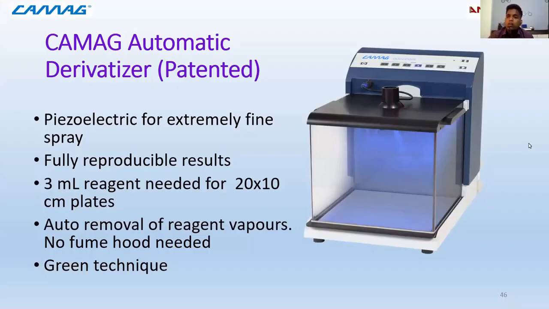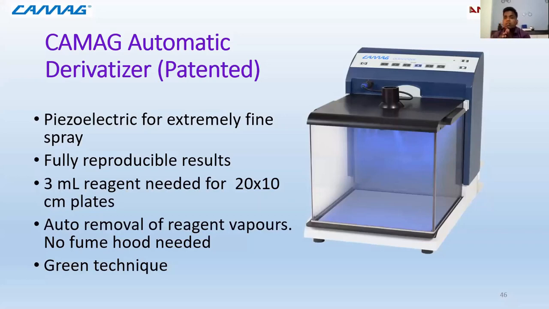After pressing this start button, it will start spraying reagent onto your plate in the form of mist. After that, the mist will settle down on your plate, and the vapors which were generated are extracted, means evacuated, by using a vacuum. Beside, there is one bottle containing an ethanol and water mixture, and all the vapors will be suctioned into that bottle.